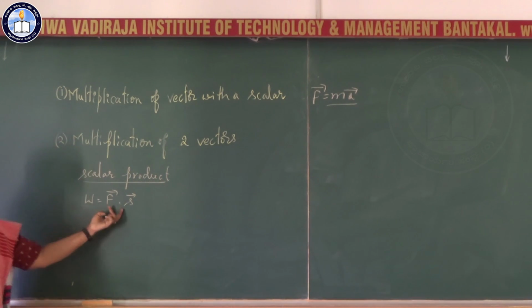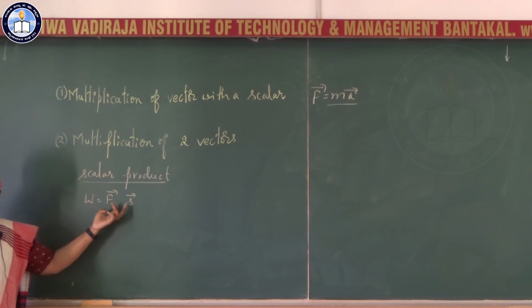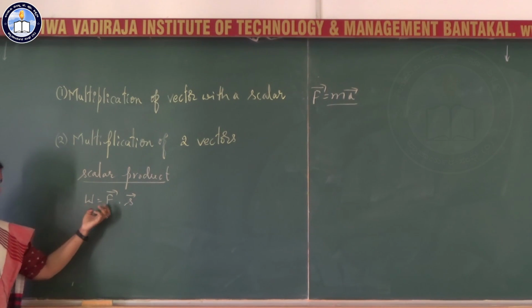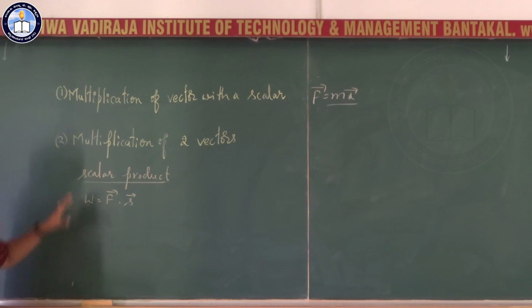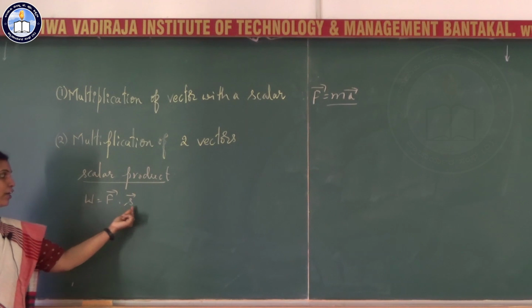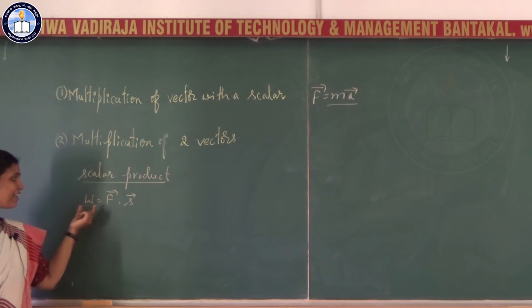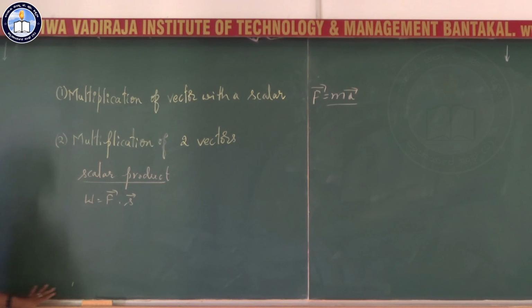It is a dot product or scalar product of force and displacement that gives work done. That is called a scalar product, because whenever two vectors are multiplied this way, the answer is a scalar quantity.